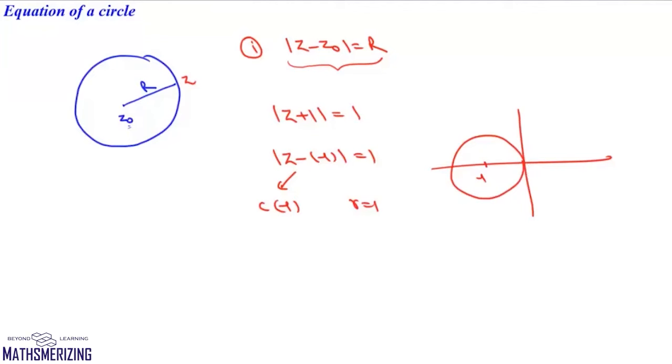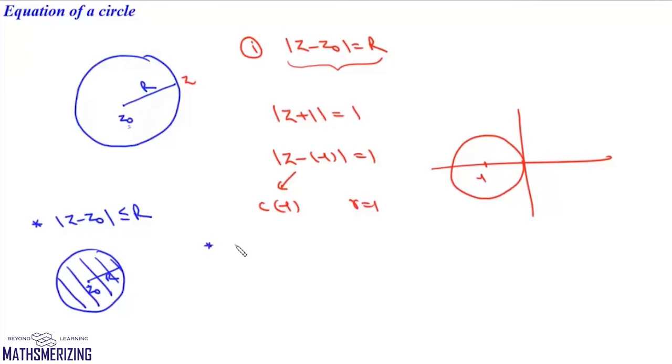Now there will be times where you will be given points not only on the circle but on the inside or outside the circle. So one such case could be when they are going to write mod of z minus z0 is less than or equal to r. In that case, it will represent all the points on or inside the circle whose center is z0 and whose radius is r.